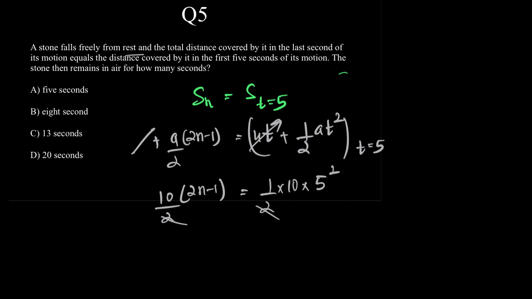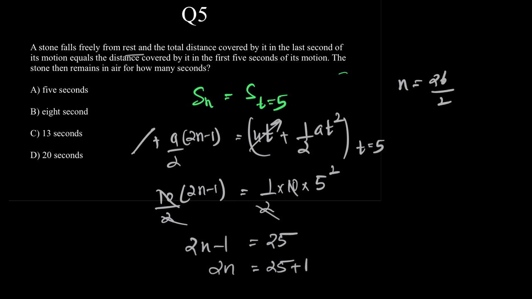So 2 and 2 will get cancelled off, 10 and 10 will cancel off. So what we have is 2n minus 1 is equal to 5 square, which is 25. So 2n is equal to 25 plus 1, which is 26. So n will be equal to 26 by 2, which is equal to 13, which makes the correct option as option C.